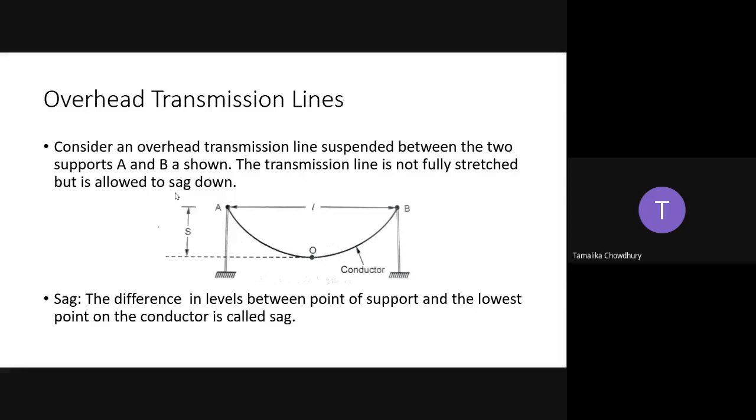That horizontal component is taken as H. So at the support A or B, T will be equal to H, meaning the horizontal component only will be equal to the tension.